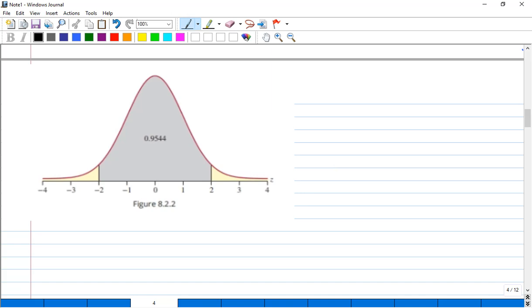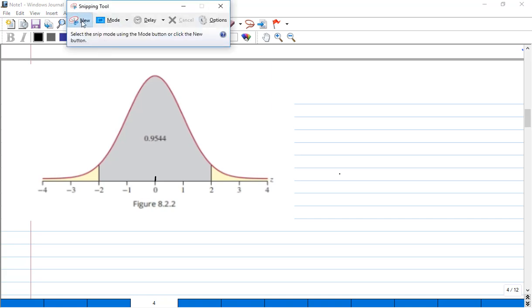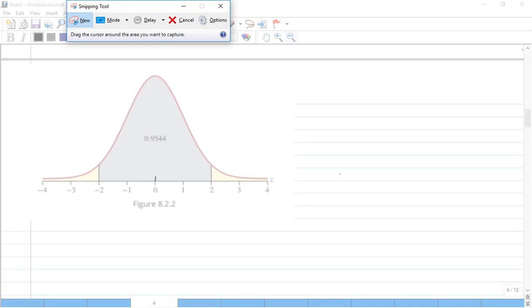And you can see within 2 standard deviations of the mean, or of z equals 0, we have 0.9544. That's about 95%. All right, and then within 3 standard deviations of the mean, and this is of course the last one. Remember, it was like 99.7%.